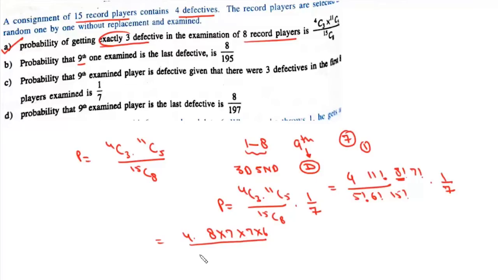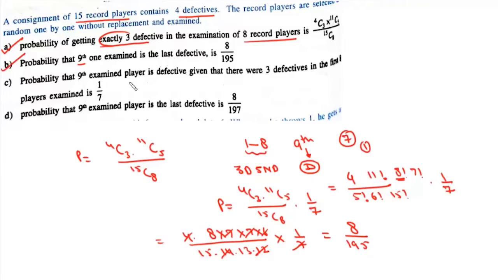And here this factorial 15 will be 15, 14, 13 and 12, into 1 by 7. Now this 7 will cancel. Now 7, 14, 2, 12. So it will be simply 8 divided by 15 into 13, which is 195. That means this option B is also correct.